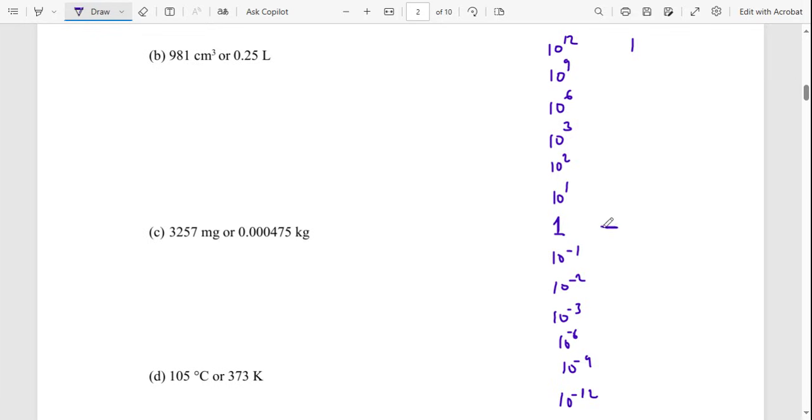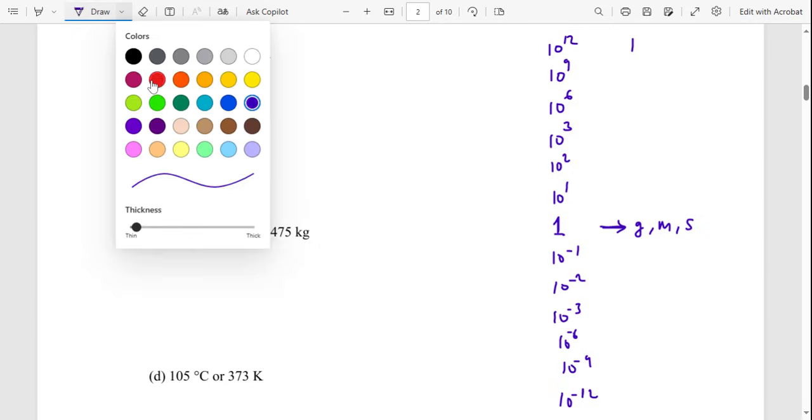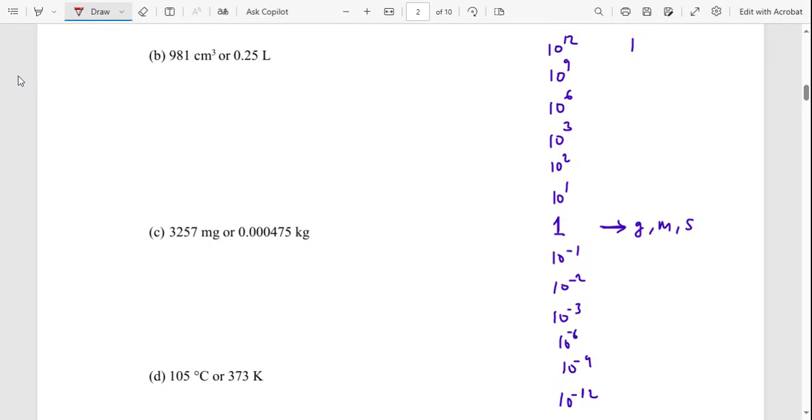Now 1 is a reference unit. It can be a gram, a meter, or a second. Think of any unit that is a reference. It doesn't have any prefix. A prefix is a term that comes in front.